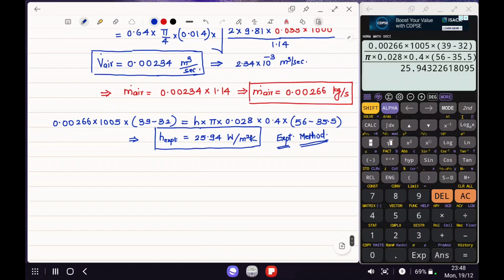So the value of heat transfer coefficient in forced convection is 25.94. When we performed the practical on the natural convection setup, the value was approximately 10. So it indicates that forced convection gives you higher heat transfer, and that is why it increases the rate of heat transfer.